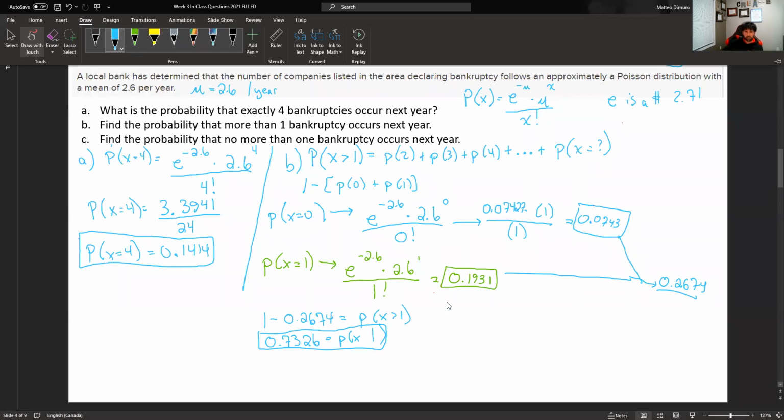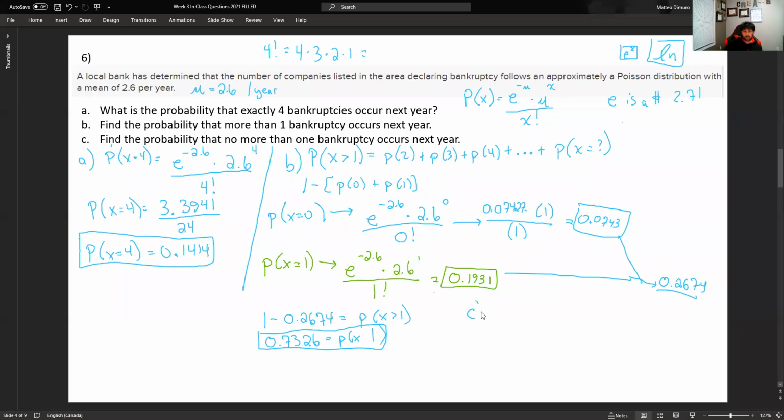Part C, in our case, is actually, because of all the work we did in here, we already have everything we need. It says find the probability that no more than 1 bankruptcy occurs next year. So no more than 1. That means that x would be less than or equal to 1, right?